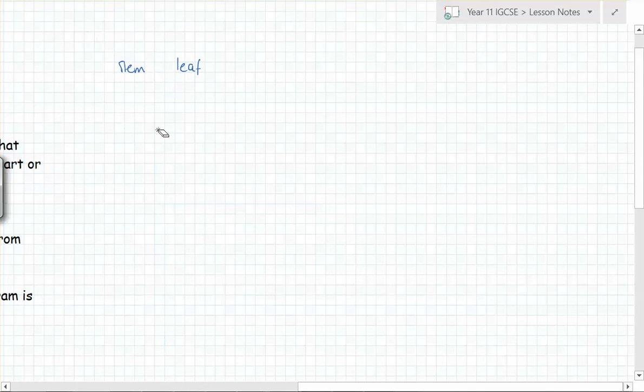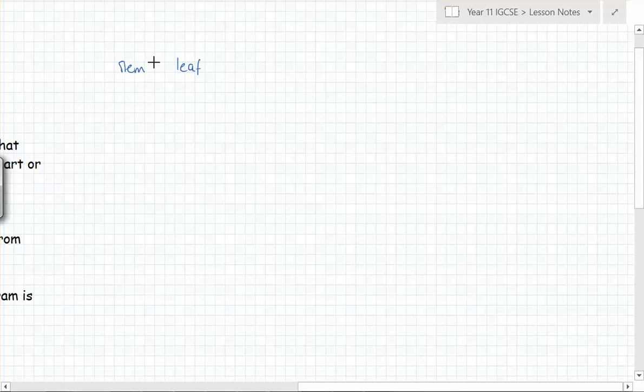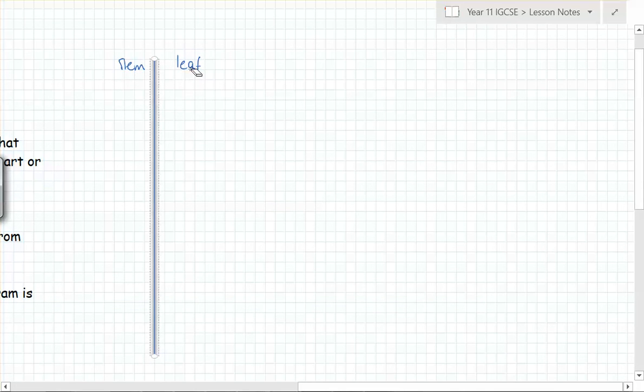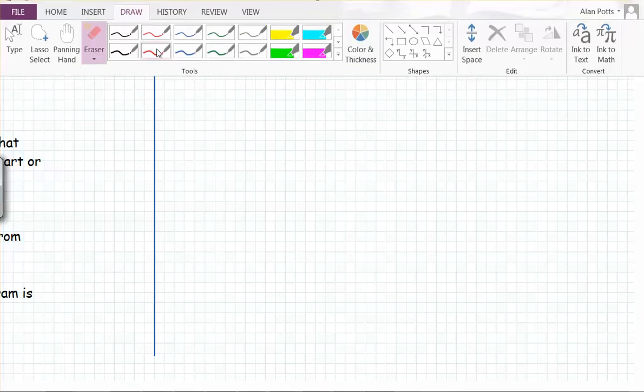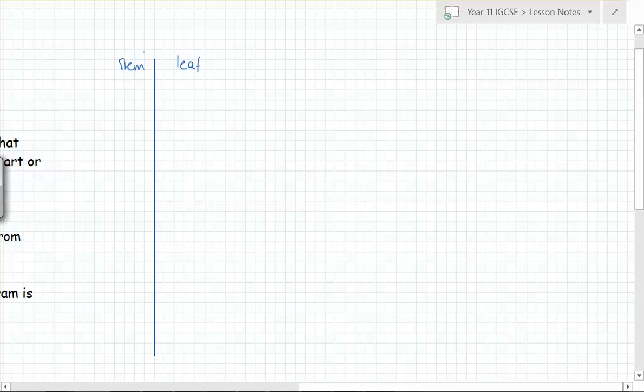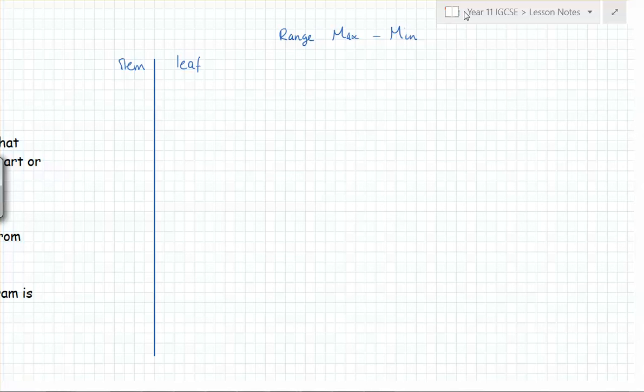Now, the thing is, you have to tell the reader, the person that is trying to interpret your diagram, what I mean by the stem and leaf. So if we look at this data, what is the range of the data? Do you know what I mean by range? So it's the maximum to minimum. So what is the maximum value in that data set?